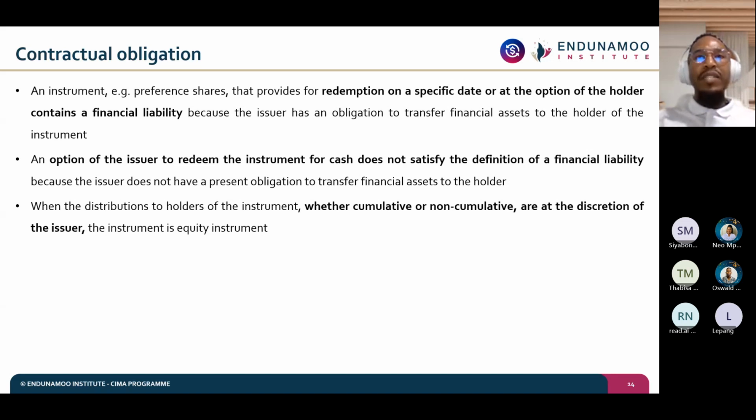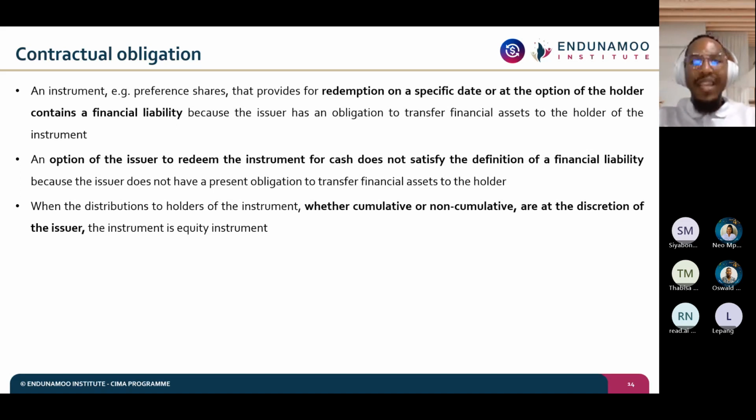In terms of this agreement, I have the option today to receive cash from you or to receive equity from you. And today I choose cash." On that date, when the holder elects to receive cash, you will have a gun to your head and you will not be able to avoid payment or transferring cash.